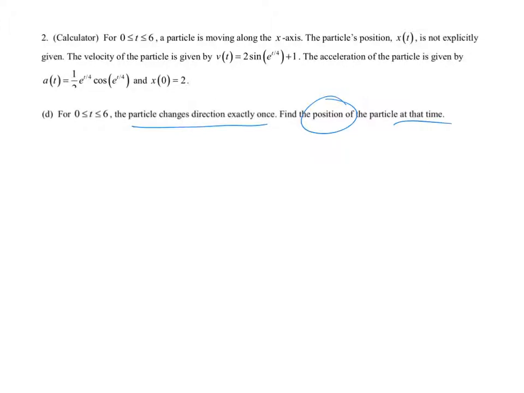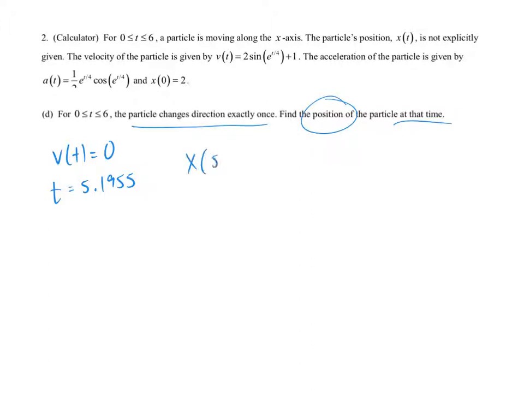And so what I'm going to do is focus first of all on when does this particle change direction. And I know that that happens whenever the velocity changes signs. And so I'm going to look on my graph of v of t on the calculator for when does the velocity change signs. And if I use my calculator to do that, I'm going to get t is equal to 5.1955.